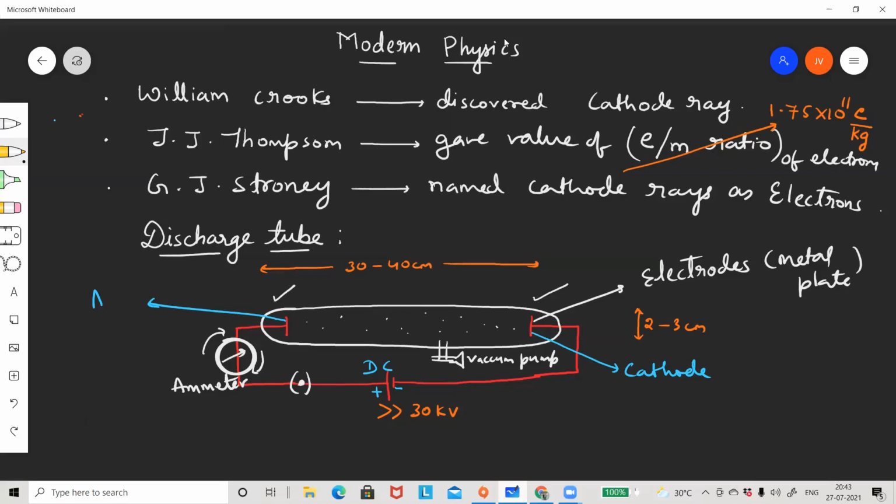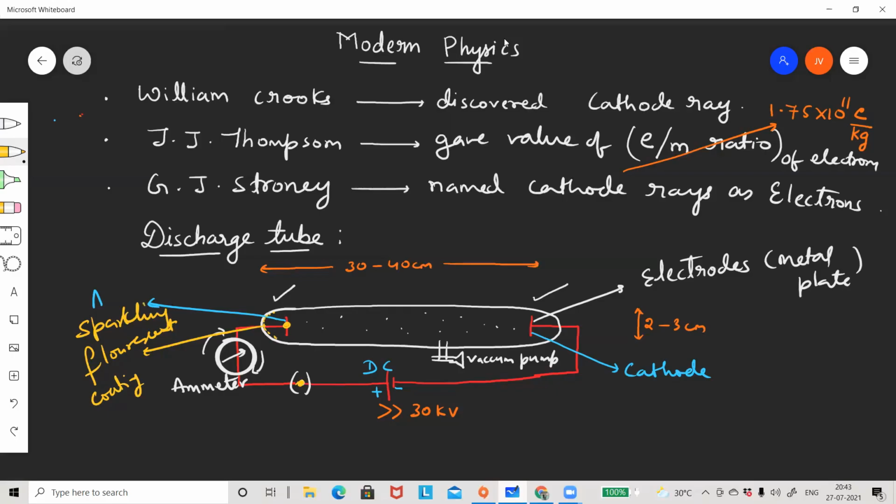First, the hole was made in the cathode, and behind the cathode the fluorescent coating, and then nothing happened. But next, they made a hole in the anode, and behind the anode the fluorescent coating was done. And this time when they closed the circuit, the ammeter gave deflection and the fluorescent material started sparkling.